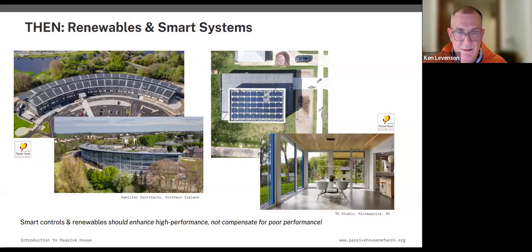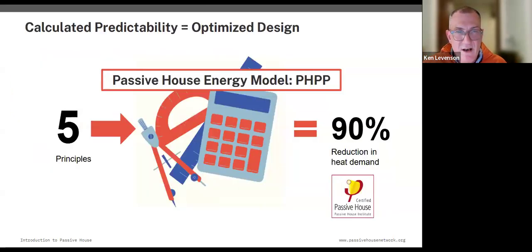So let's see. And then all of this is going into the energy model. So the Passive House Planning Package, PHPP, is a model where we're putting in the five principles and more, and then we come out. Now the heat demand is the big driver, but it also tackles the cooling, the ventilation, overall energy, and all of that.